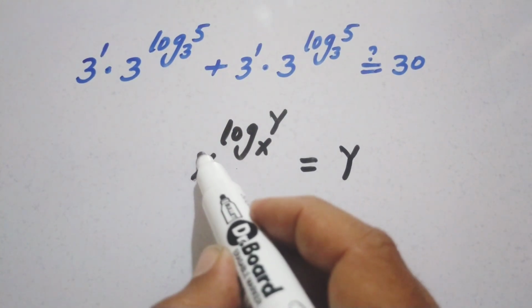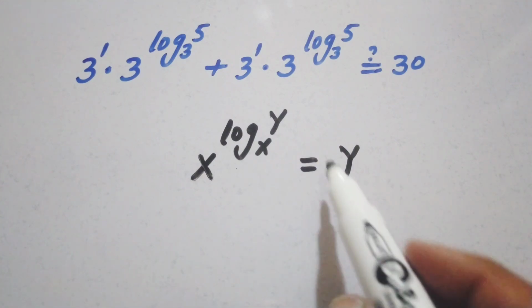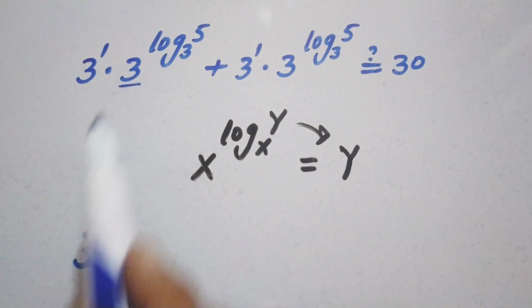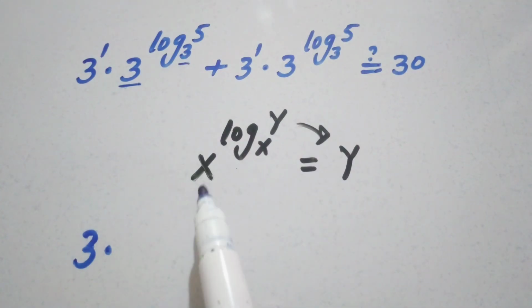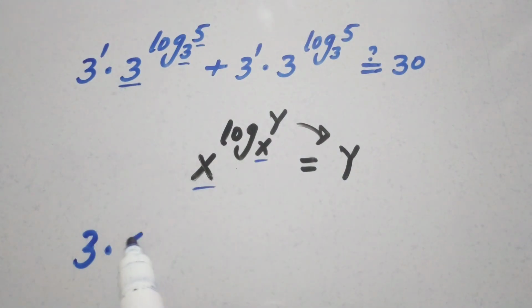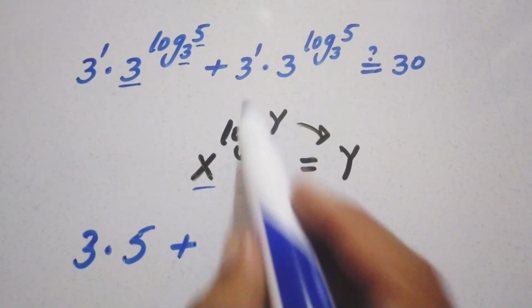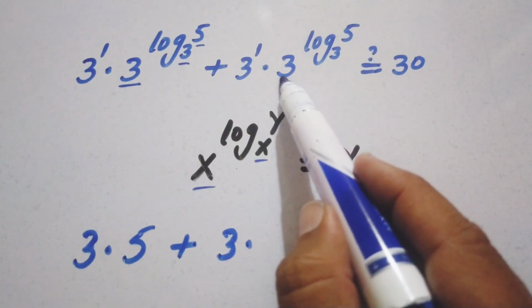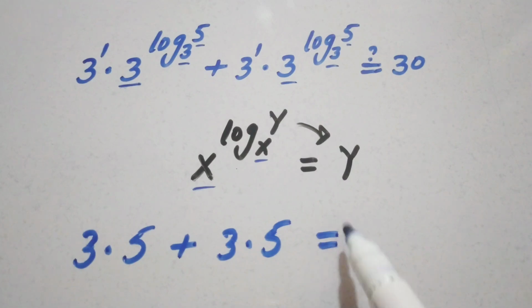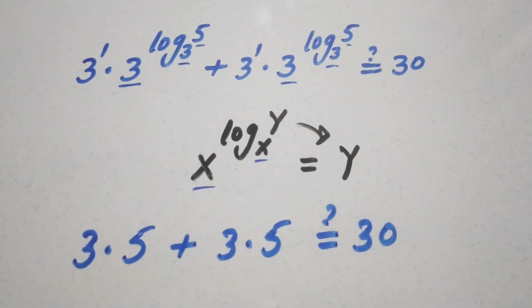Using this property, this will become 3 to the power 1 is equal to 3 multiplied by, as 3 here and 3 here, this is the value of x and y is 5, so this whole will become 5, plus 3 multiplied by 3 and 3, and this is y, so we get 5, is equal to 30.